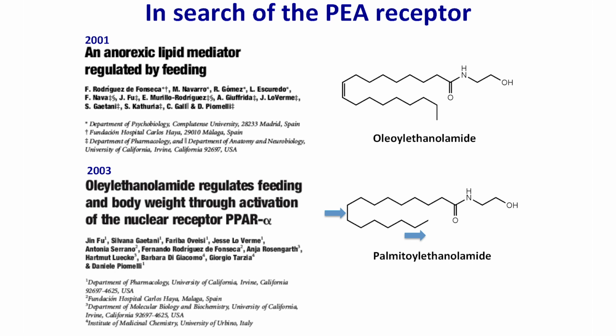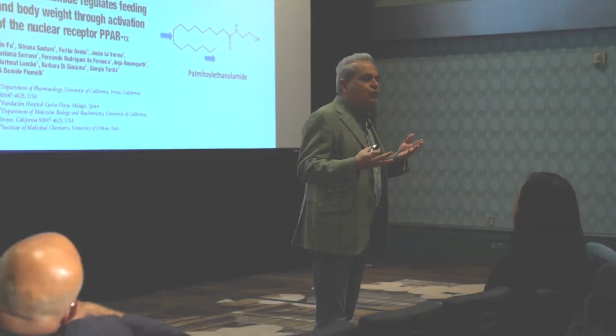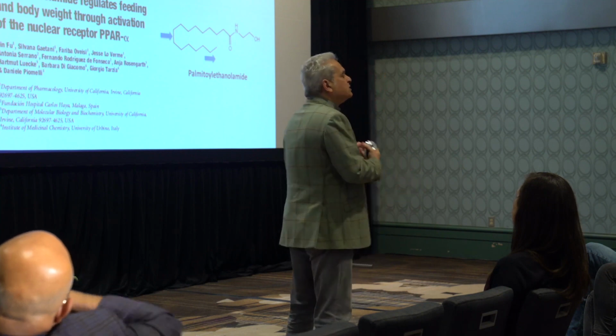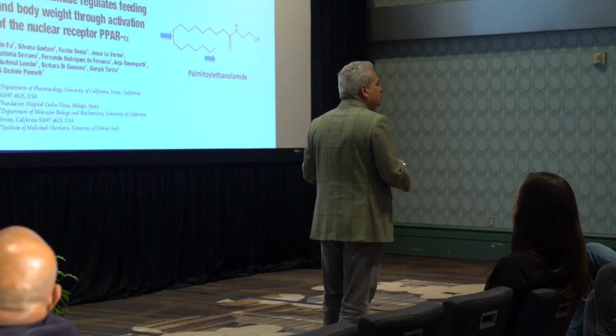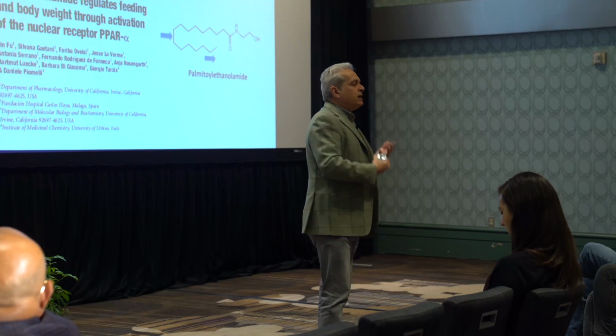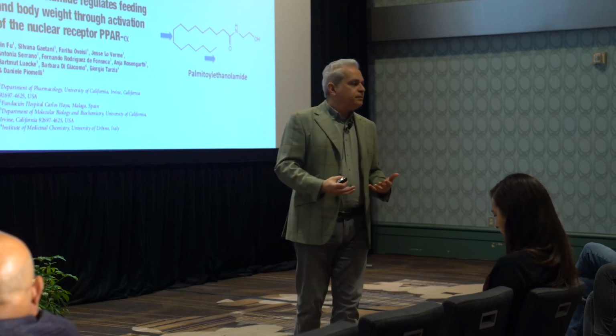If we take away this double bond and this portion of the molecule, we get PEA. So the two things look really similar. Is it possible that PEA acts just like OEA by activating PPAR-alpha?